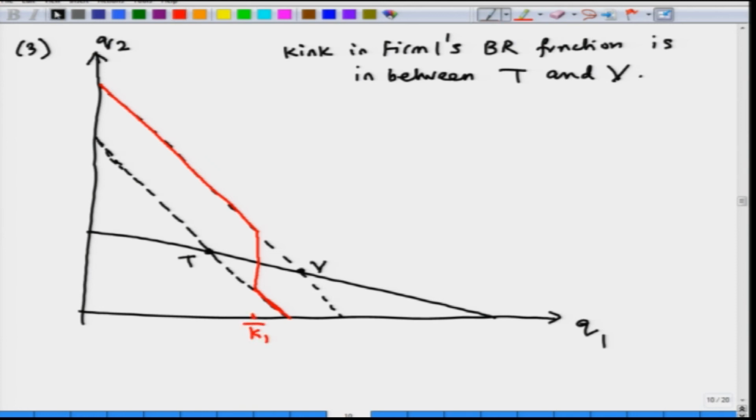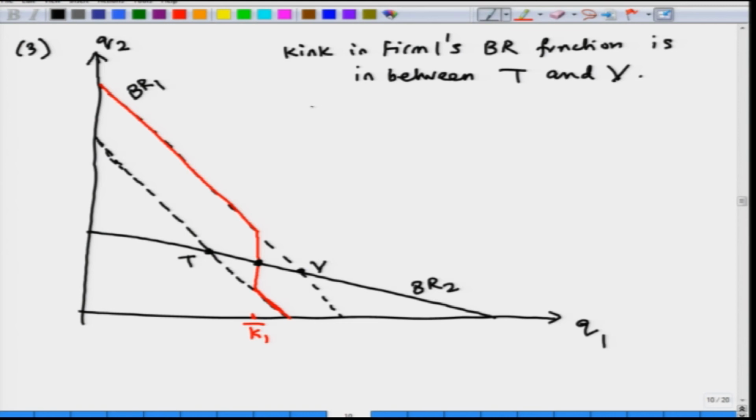So, now in this case notice that this is the best response function for firm 1, this is the best response function for firm 2. The two best response functions are going to intersect at some point here, wherein the Q1 will exactly be equal to K1 bar, which means the capacity is fully utilized, right.